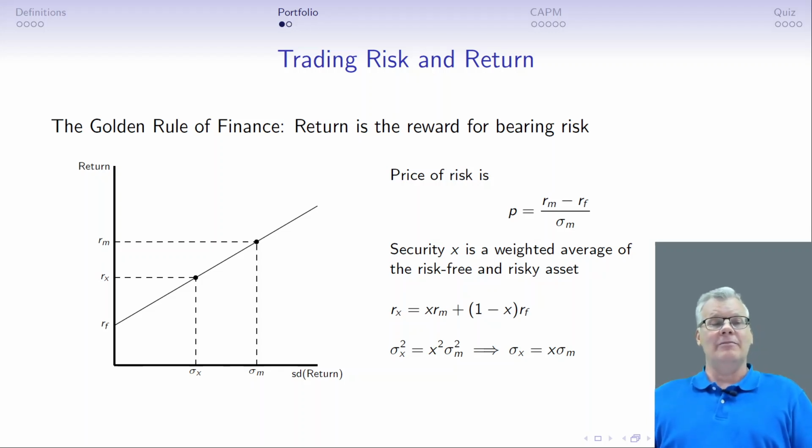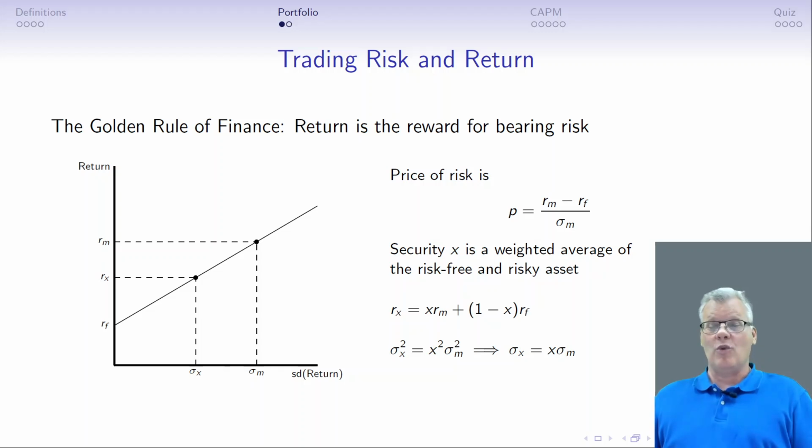Then consider some security X, which is a weighted average of the risk-free asset and the risky asset. So if X represents the proportion of the asset that we're getting, where of course X has to be positive, the expected rate of return, R sub X, is this weighted average of the risky and the risk-free return, and then we apply the variance rule that I described at the very beginning of this lecture to determine the variance of the rate of return of this composite asset.